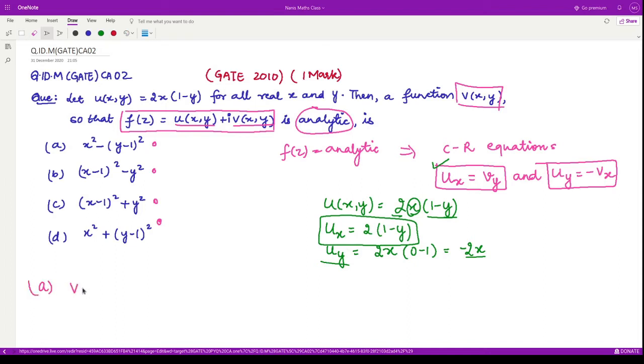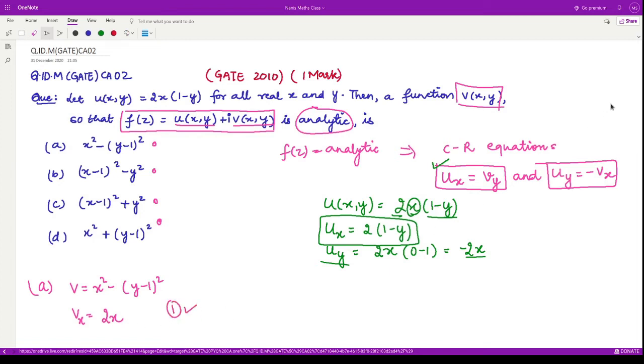For the first case, we have v to be x squared minus (y minus 1) whole squared. Let us compute v_x first, the partial derivative of v with respect to x, that would be 2x. According to the condition, this v_x should be equal to minus u_y, and minus u_y is minus of minus 2x, which is 2x. So these two are equal, therefore the first condition is satisfied.